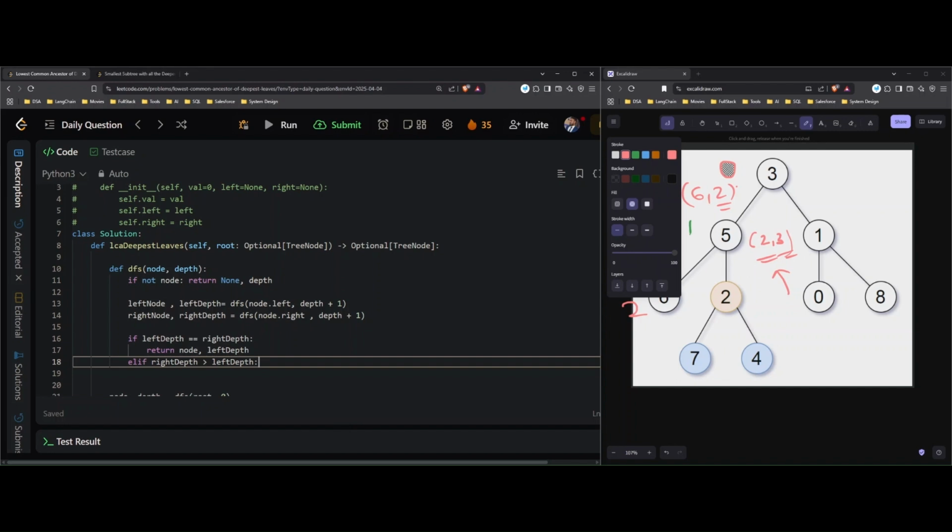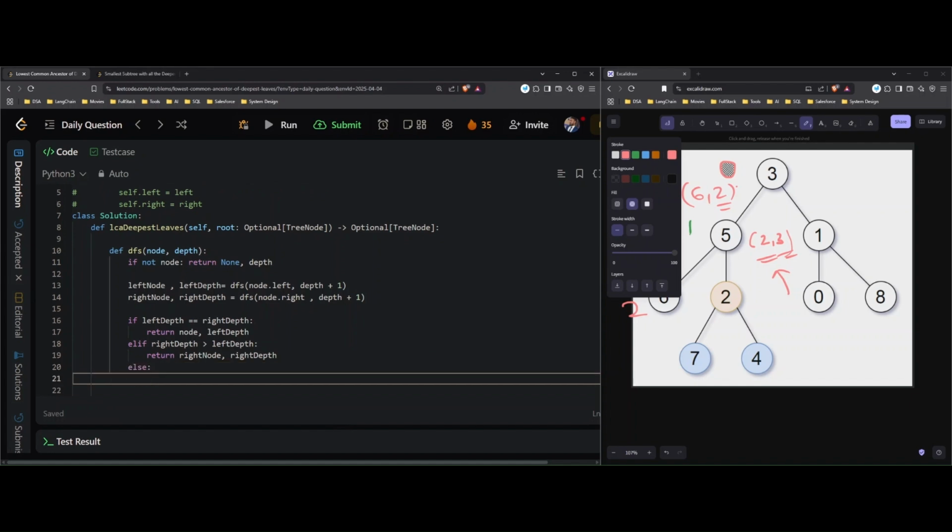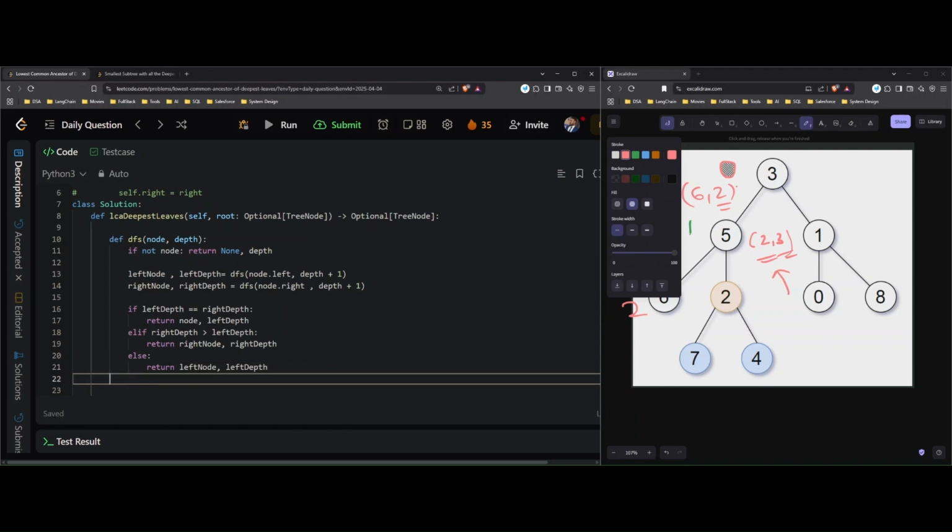The right one, okay? So we'll simply return the right node, and the depth would be the right depth, right? And else, in the last, we will simply reverse the condition. If the left one is greater, then we will simply return the opposite. We'll return the left node and also the left depth. I think this is the DFS.